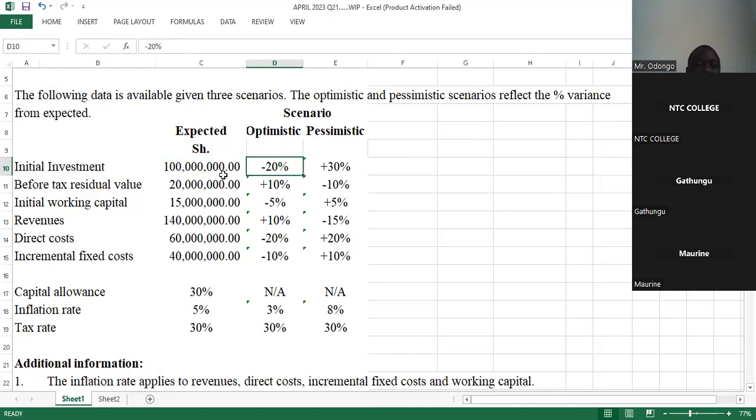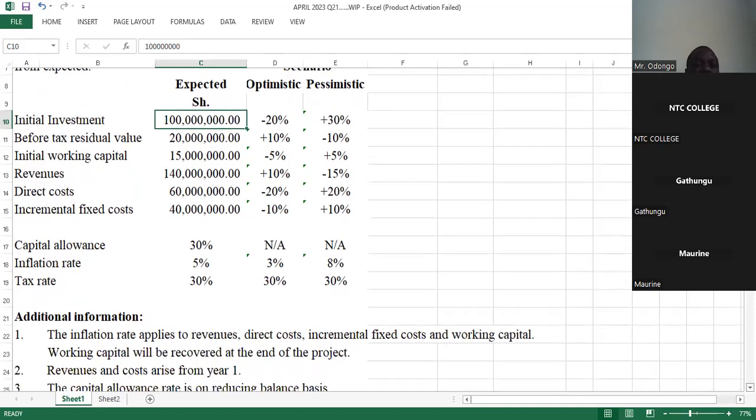You decrease the expected initial outlay by 20%. That's what minus 20% means. So the expected, we had 100 million, decreasing by minus 20% means we multiply. That is now for the optimistic case, we multiply 100 million by 80%.